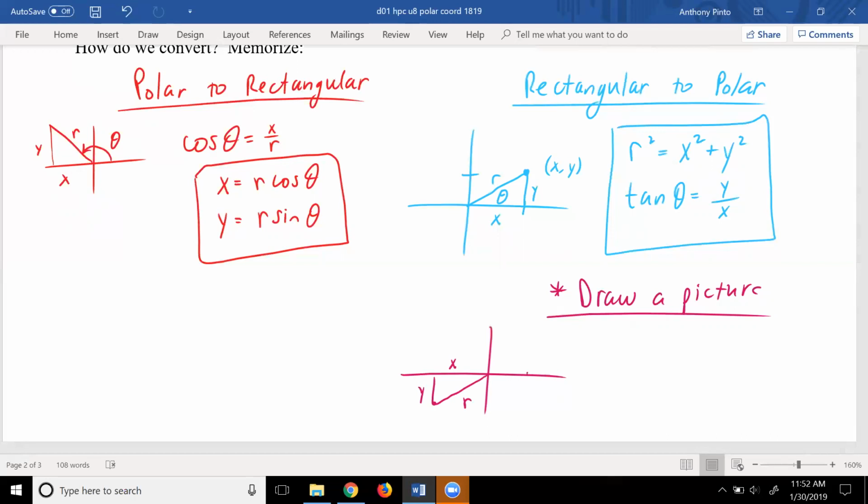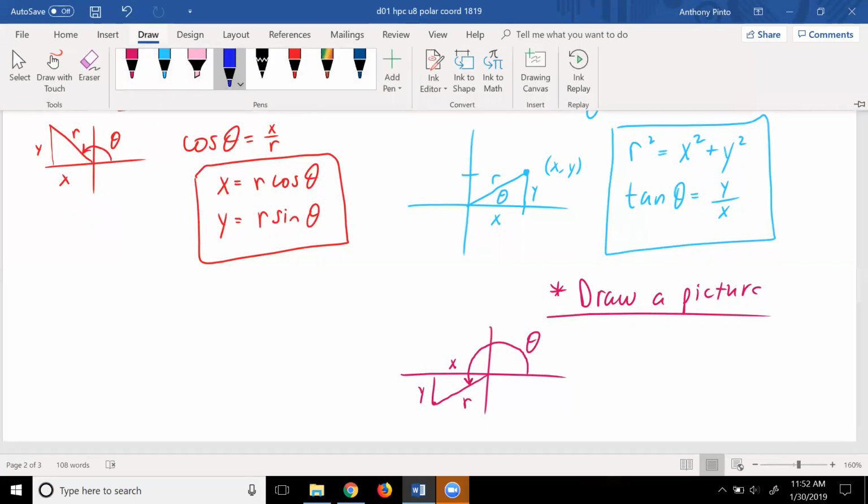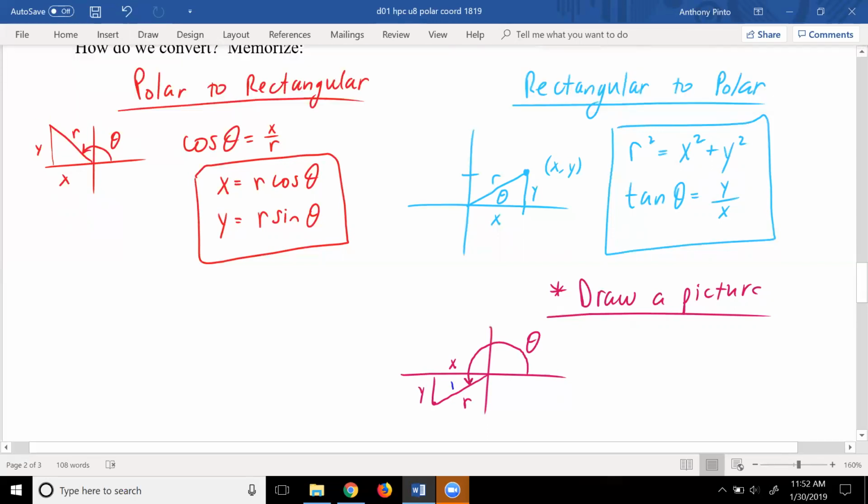What your theta is, is this big angle here. So you might find what I'm going to call beta in here. And then using our knowledge of the unit circle, you can find theta. It would just be pi plus beta is going to give you theta. So always draw your picture to help you visualize and complete these problems.